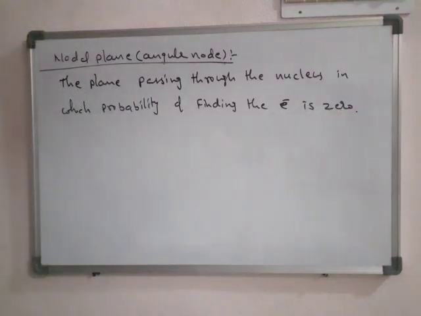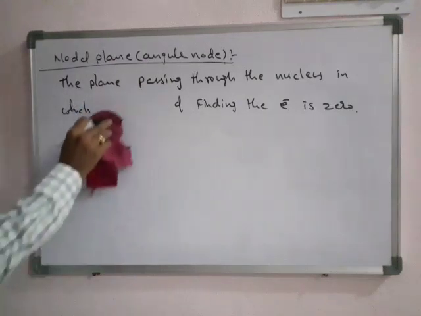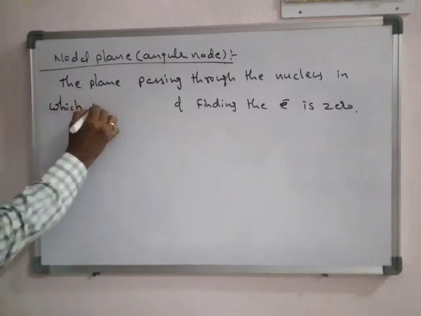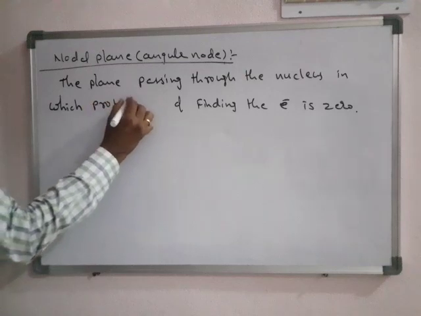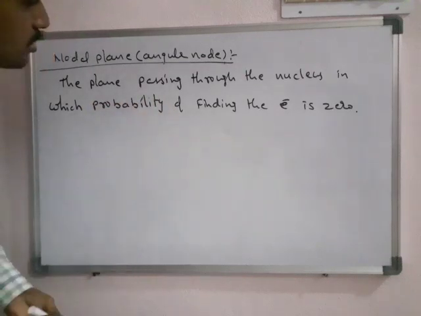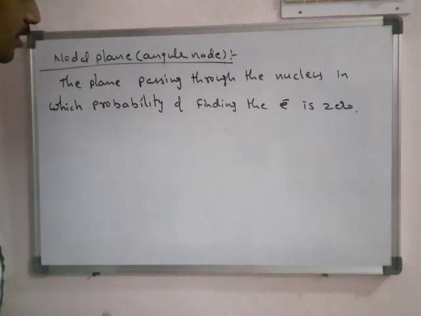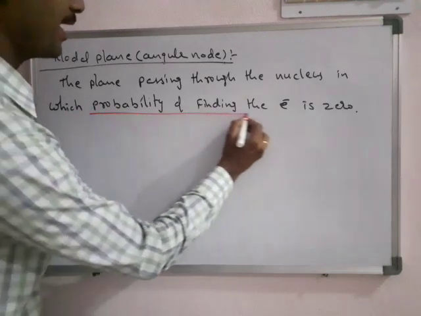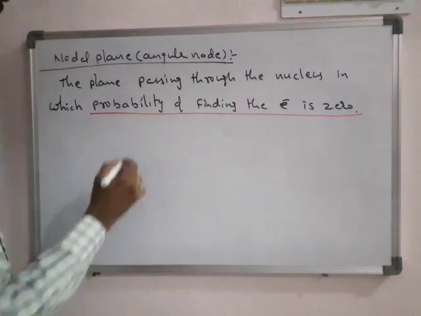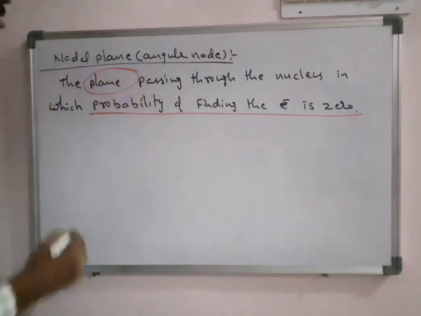So what is common in both? In radial nodes or angular nodes, the probability of finding the electron is 0. But there we discuss points, here we discuss a plane.